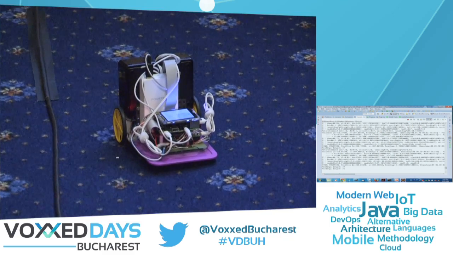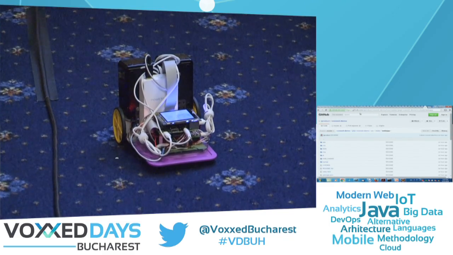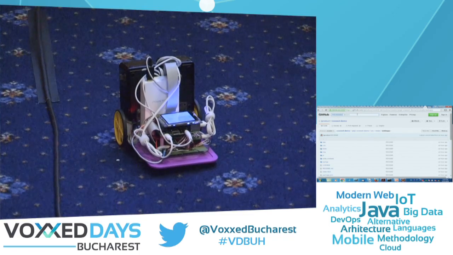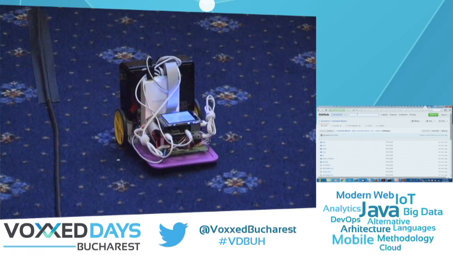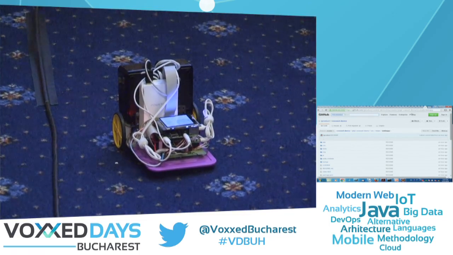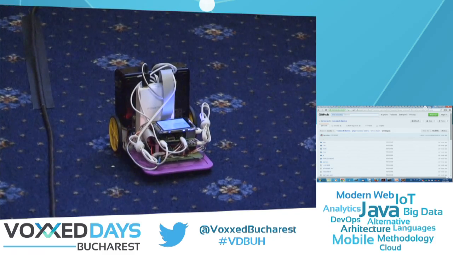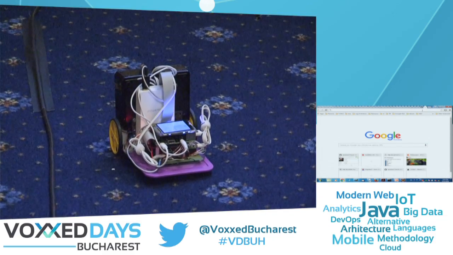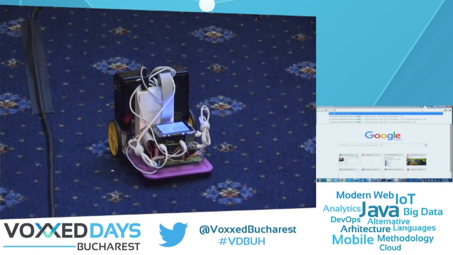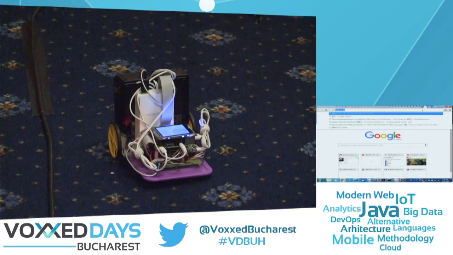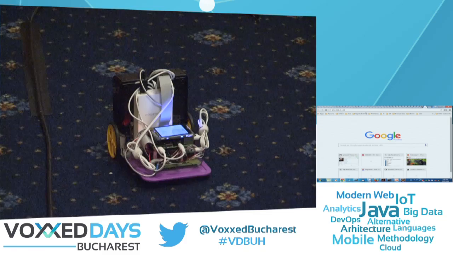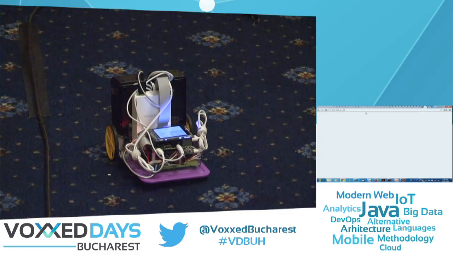From Chrome, this is an implementation with RxJS and Angular 2. I think I just have to open it. So let me see. Here I have it. So this is my WebSocket.